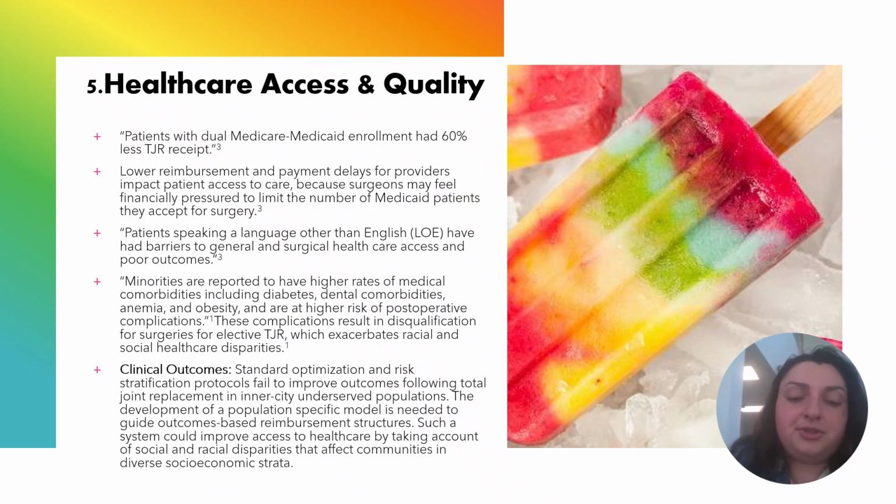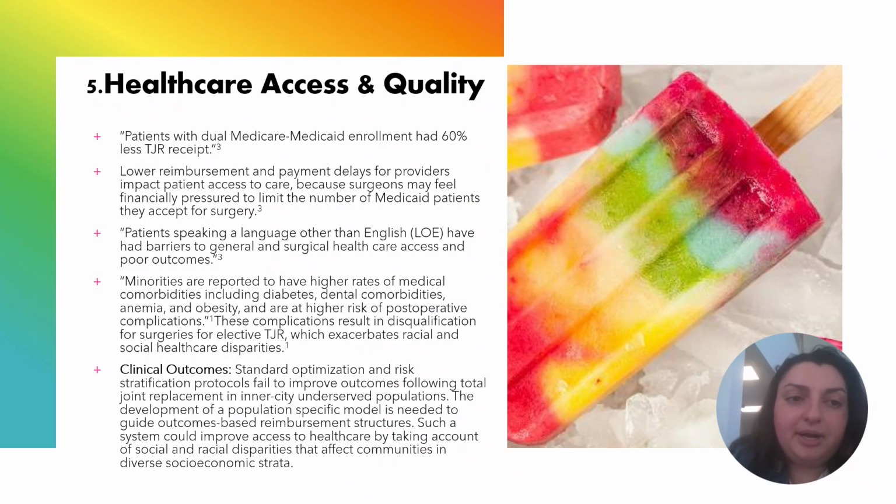Providers generally receive lower reimbursements for providing services to Medicaid patients, and they also experience long delays in receiving these payments. So because of these financial pressures, many surgeons limit the number of Medicaid patients whom they accept to their practice.